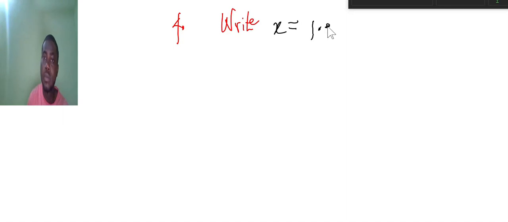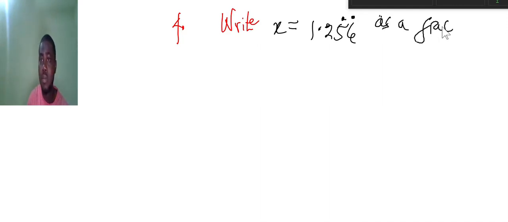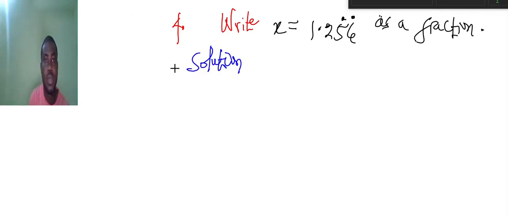It says, I want to write x, we know that x equals 1.256, a recurring decimal, as a fraction to the lowest term. After this we'll have one more and we're done with the concept of changing recurring decimals to fraction. Solution.